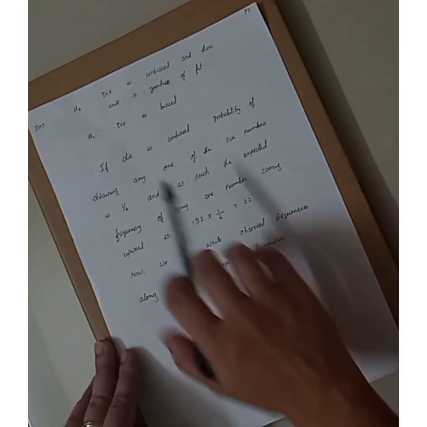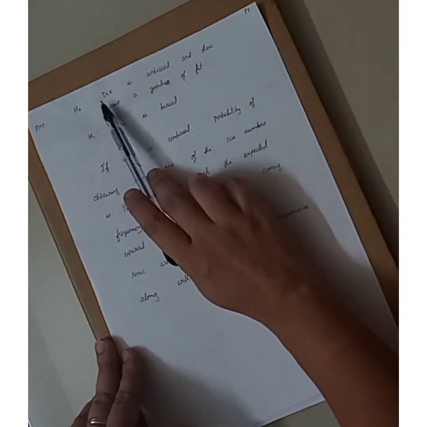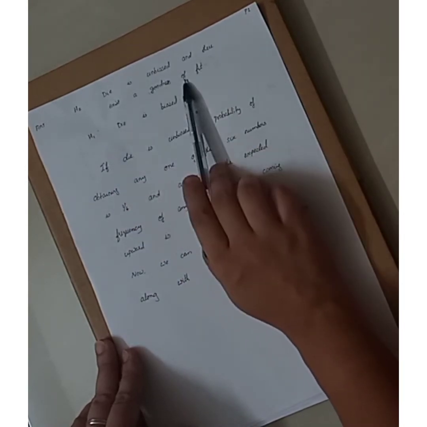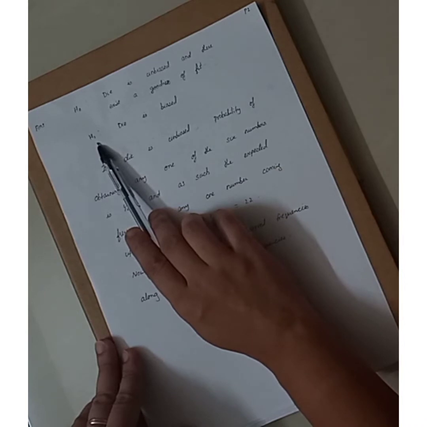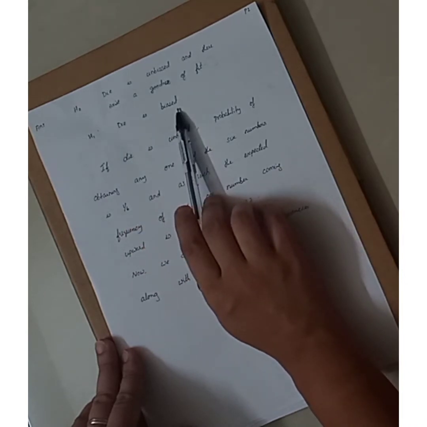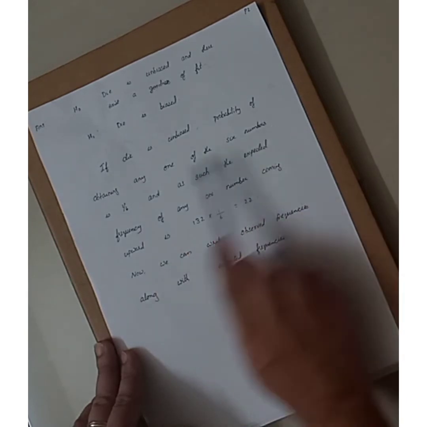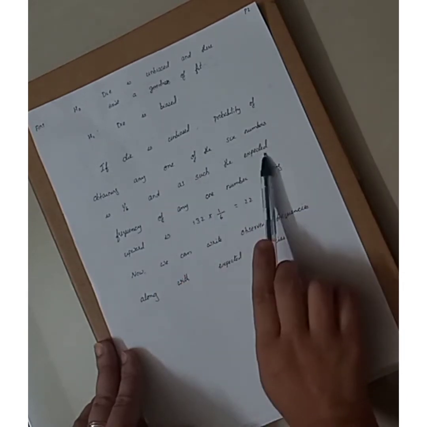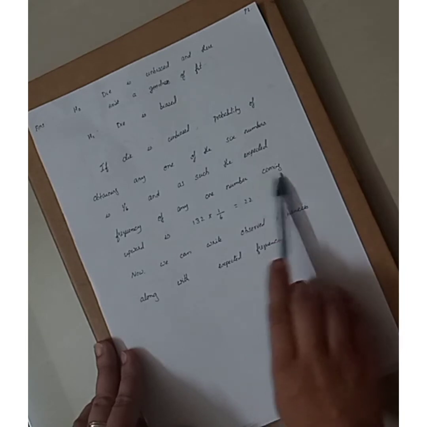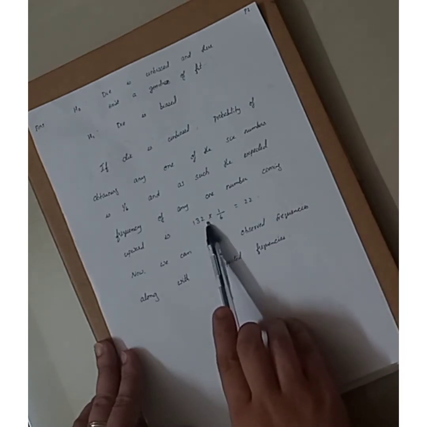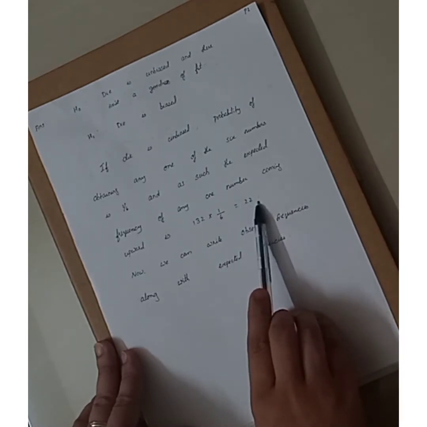Here I have written it down. First, the null hypothesis: the die is unbiased and there exists goodness of fit, and the alternate hypothesis is that the die is biased. If the die is unbiased, the probability of obtaining any one of the 6 numbers is 1 by 6, and as such the expected frequency of any one number coming up is 132 into 1 by 6, that is 22.